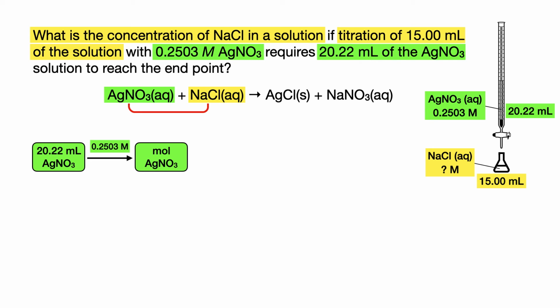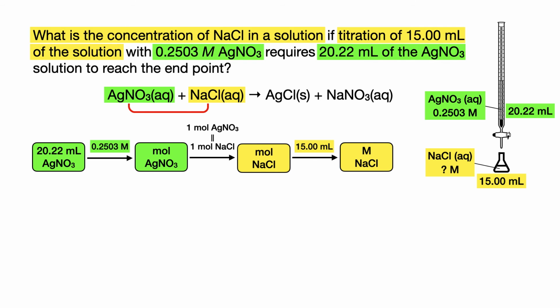So that, again, that's our substance B. We'll figure out how much of that we added, and then at the end point, the amount of substance B is in a stoichiometric ratio with the amount of substance A. And so in this case, the reaction stoichiometry is 1-to-1. 1 mole of sodium chloride reacts with 1 mole of silver nitrate. So this relationship will let us find the number of moles of sodium chloride. And then finally, we know the volume of our sodium chloride solution was 15 milliliters. And so we'll use that to work out the concentration of the sodium chloride.